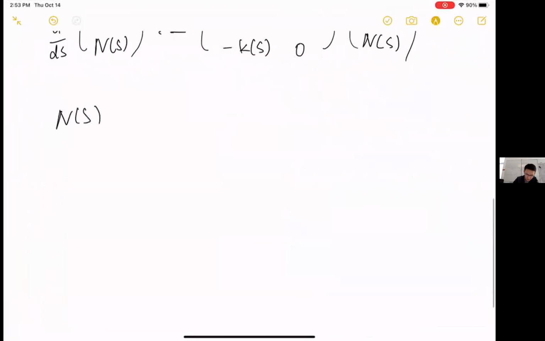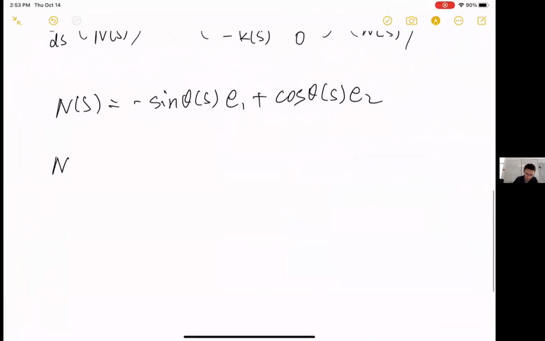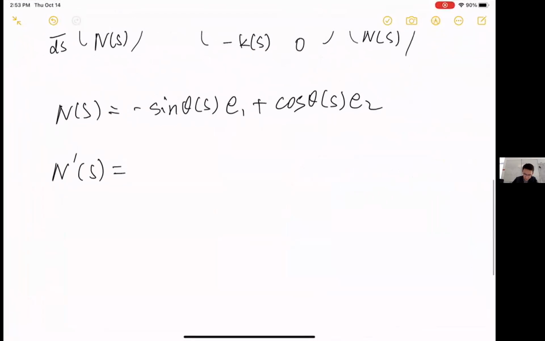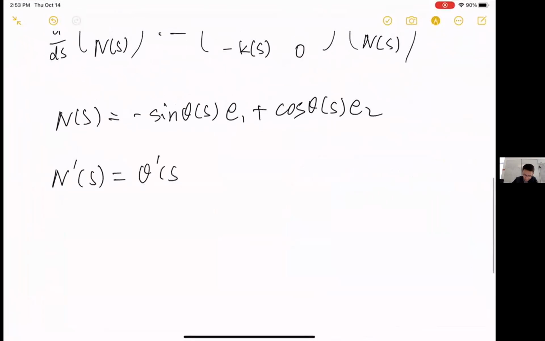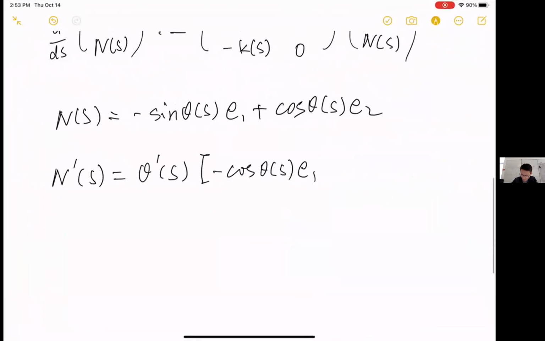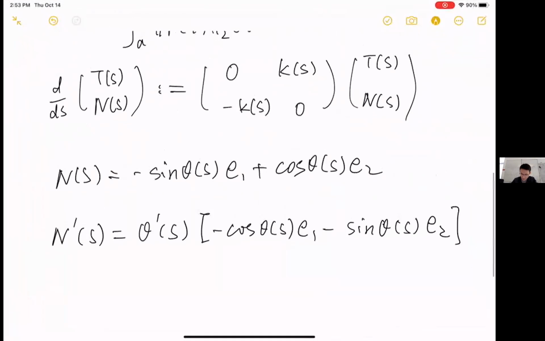So N(s) equals negative sine theta(s) e1 plus cosine theta(s) e2, right? And then when I try to come up with its derivative with respect to s, first of all, I need the chain rule. Then this is negative cosine theta(s) e1, and then minus sine theta(s) e2, times theta prime.